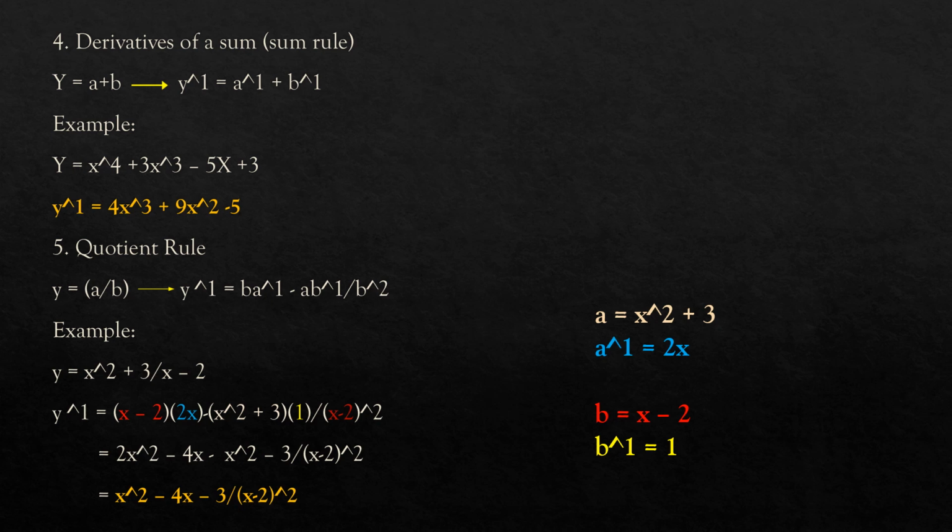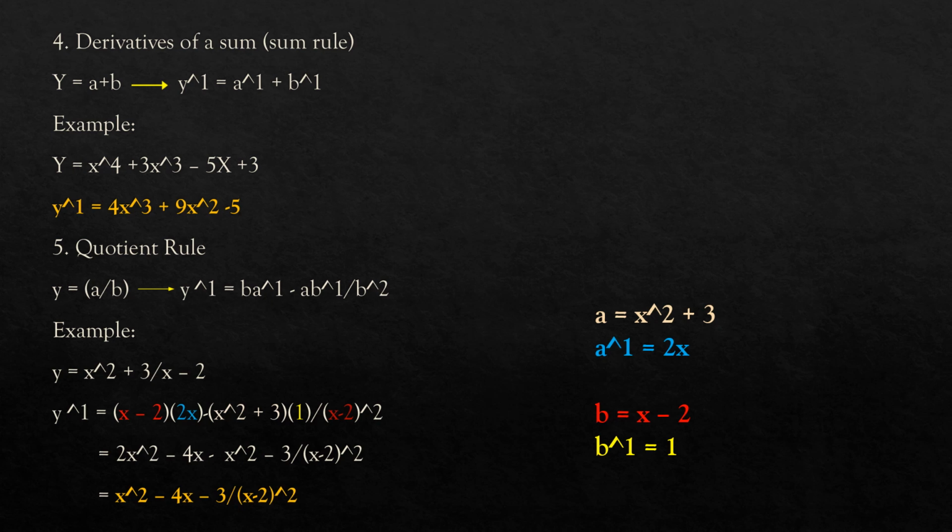Then let's substitute the values of B and A. The value of B is x minus 2, so x minus 2 times the derivative of A, which is 2x, minus the value of A, which is x squared plus 3, times the derivative of B, which is 1, over B squared, which is x minus 2 squared.